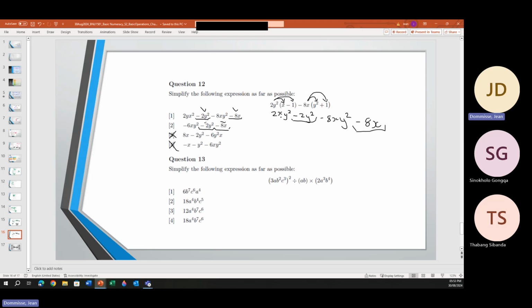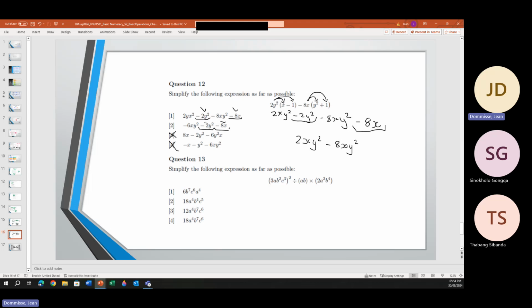Let's look at the other one and let's just write them next to one another. We can just make 100% sure. So 2x y to the power of 2 minus 8x also y to the power of 2.